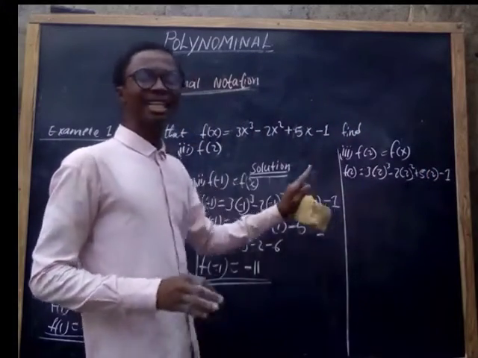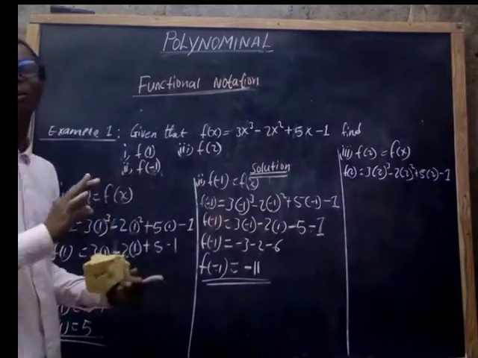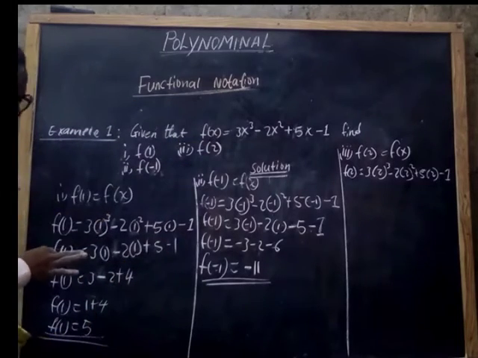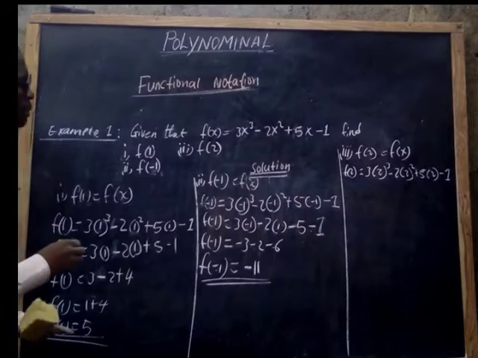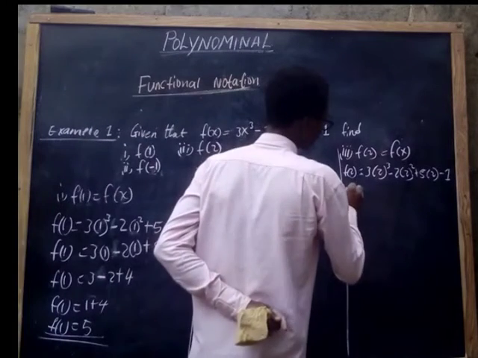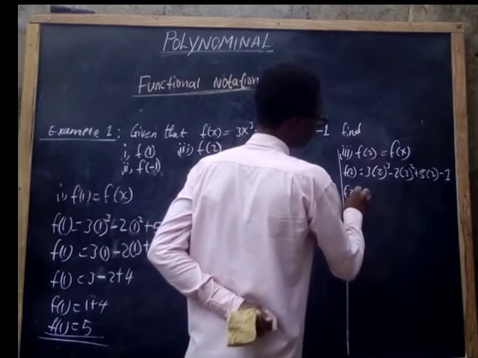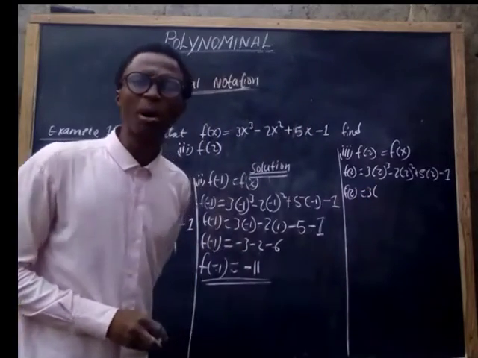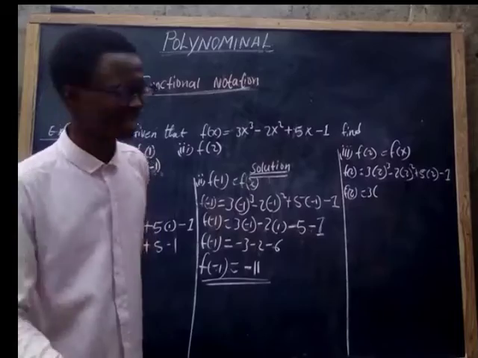Do you see? This is just the same procedure that we are doing in functional notation. This is how to solve functional notation in polynomials, right? Good. We go. Roman, f(2) is equal to 3 brackets, 2 raised to the power 3 is equal to what? 8, right?